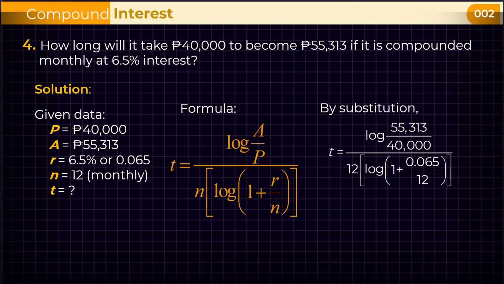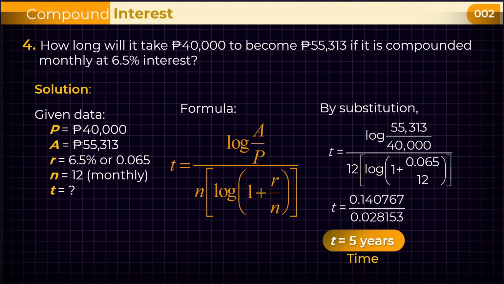So by substitution, we have the logarithm of 55,313 over 40,000, and then all over 12 times the logarithm of the expression 1 plus 0.065 over 12. Simplified, that is 0.140767 over 0.028153. And from there we have t is equal to 5 years, rounded off to the nearest whole number.